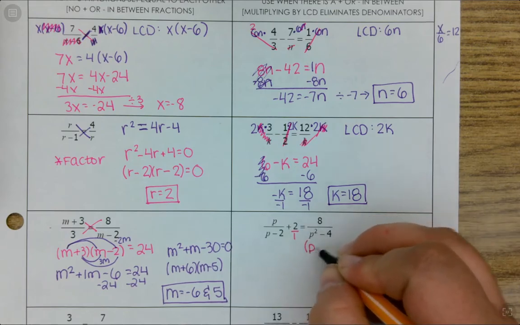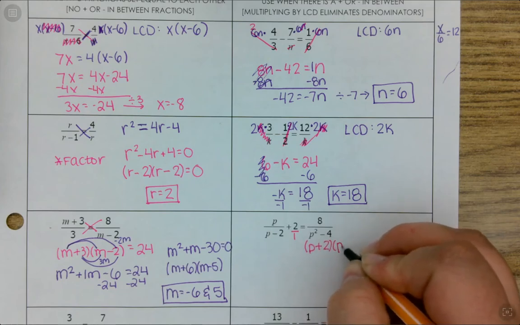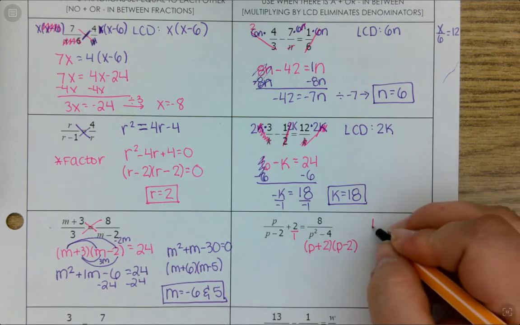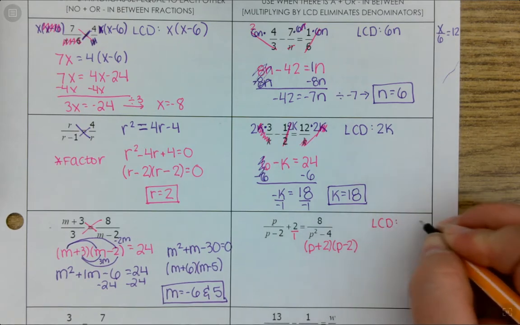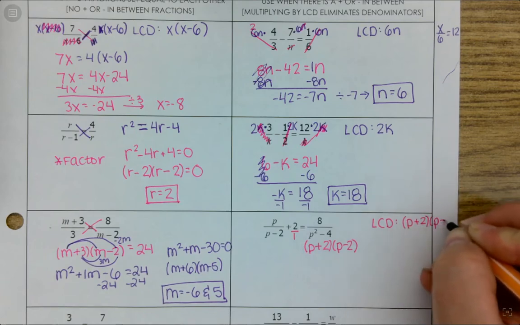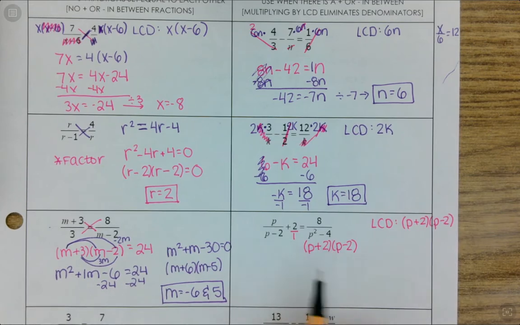This is difference of squares, meaning square root of 4 is 2, so it's going to be p plus 2, p minus 2. And you'll notice that this one already has the p minus 2. So for my least common denominator, you just need to have both of them. You don't need to write the p minus 2 twice because it's in both of them. It just needs to go there once.